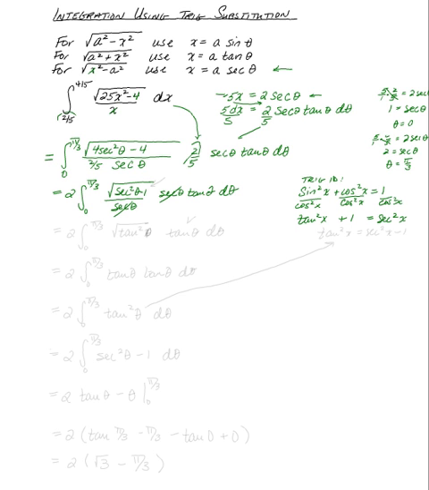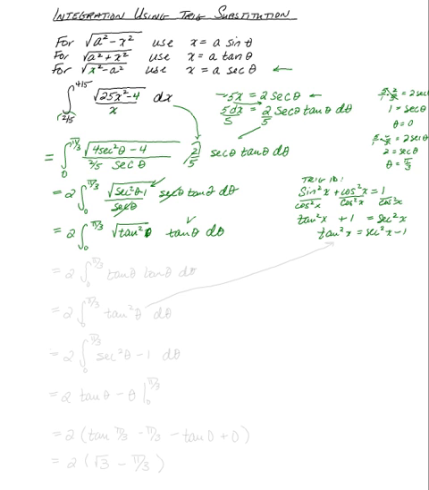Equivalently, tangent squared of x is equal to secant squared of x minus 1. So I'm plugging that in right here, where we have the secant squared of theta minus 1, and I'm going to replace that with the square root of tangent squared of theta. Got to be careful to use the same variable there.